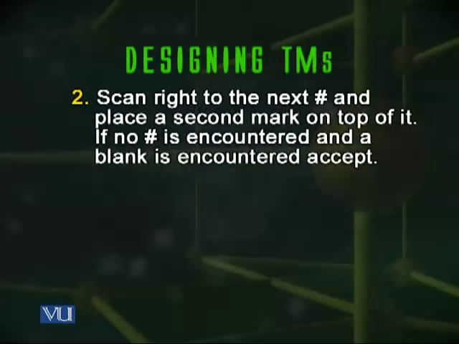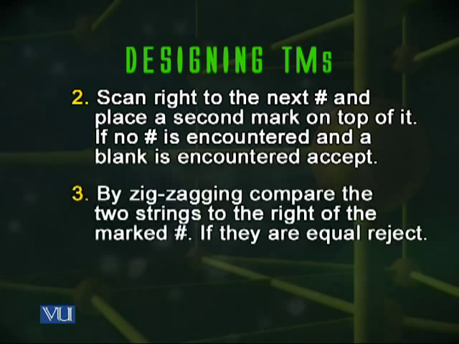Now we'll scan to the right and find another # and put a mark on top of it. If no hash is encountered, then we'll simply accept the input. Now we will zigzag over the two strings that are to the right of the marked #s, and if they happen to be equal, we will reject.